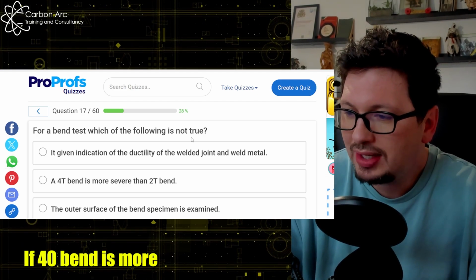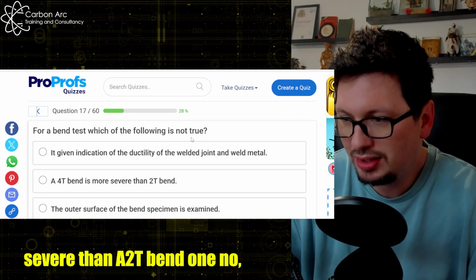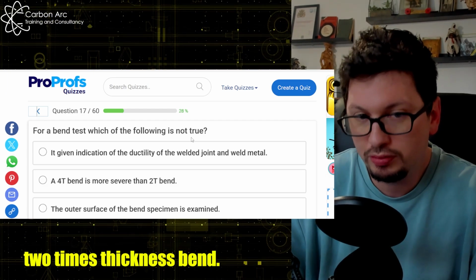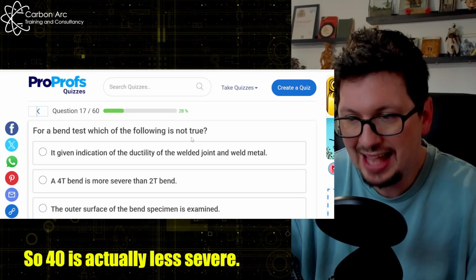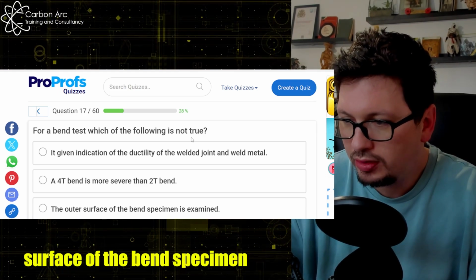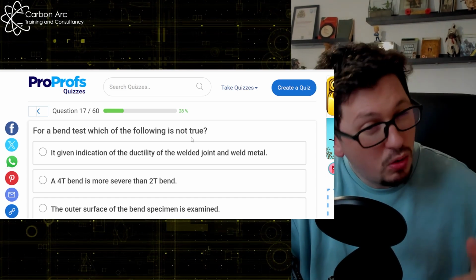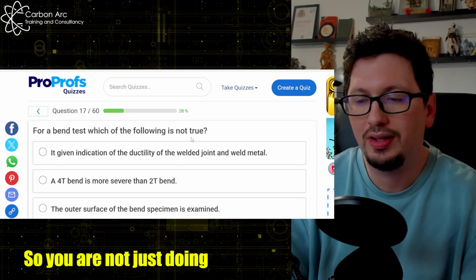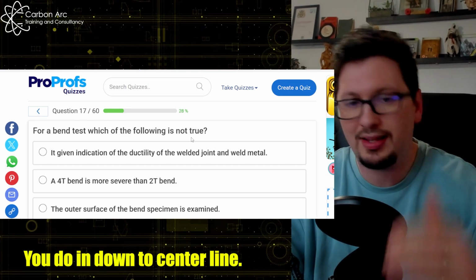A 4T bend is more severe than a 2T bend. Well, no, because 4 times thickness is bigger than a 2 times thickness bend, so 4T is actually less severe. The outer surface of the bend specimen is examined. Well, kind of, pretty much the whole thing is done. So you are not just doing the outer surface, you're doing down to center line, really.